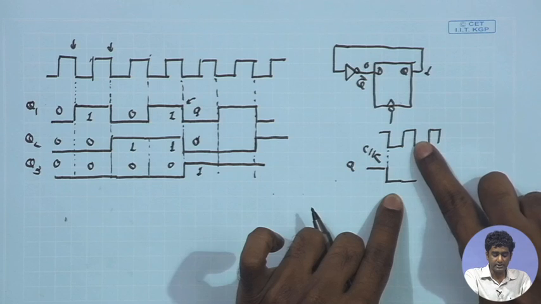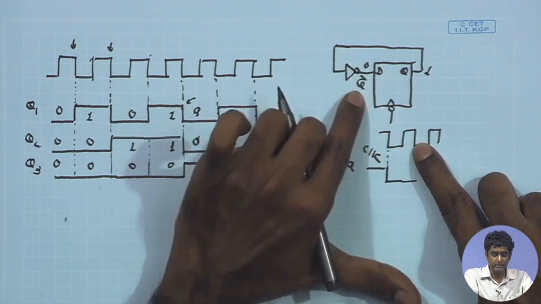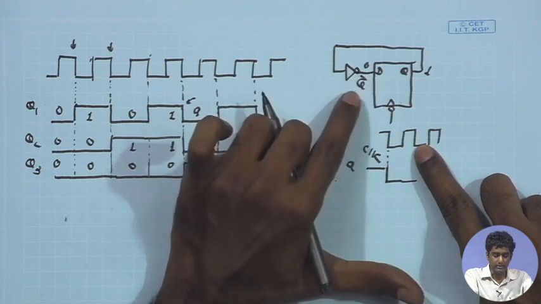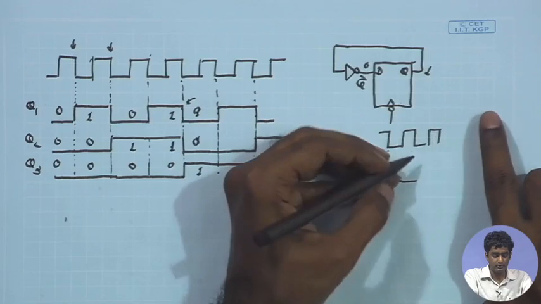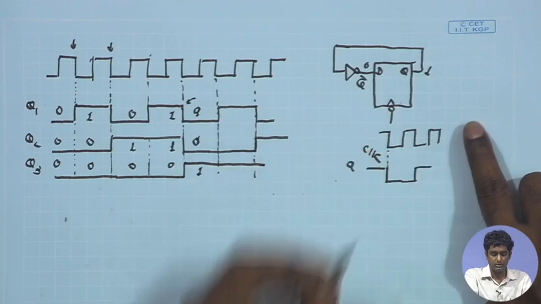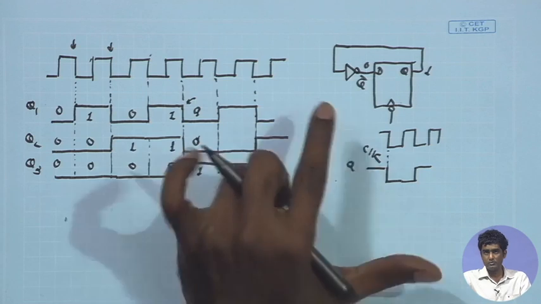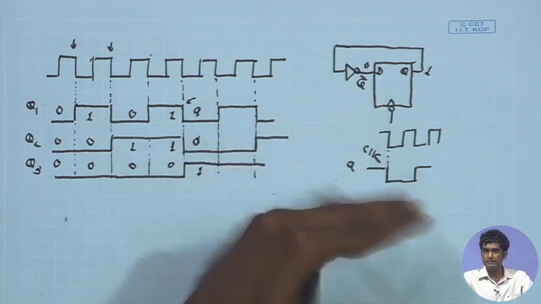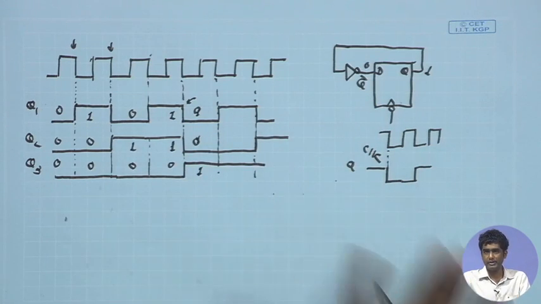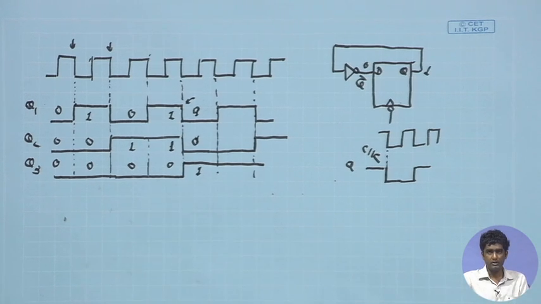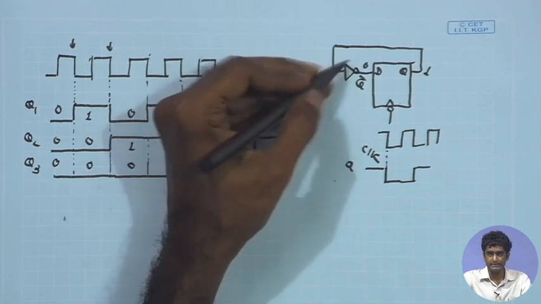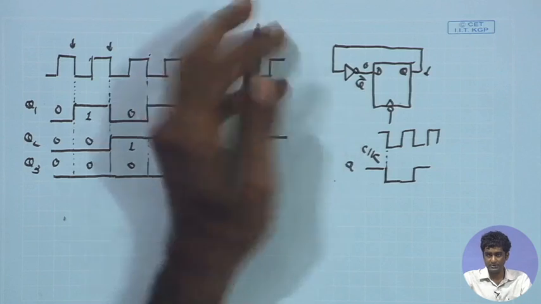So, at the next negative edge of the clock, since the D input was high, being Q bar, it will once again make a transition from low to high. So, this is all I need to do to make sure that this flip flop toggles its state after every negative edge. This is clear, and in general I do not need this inverter explicitly.